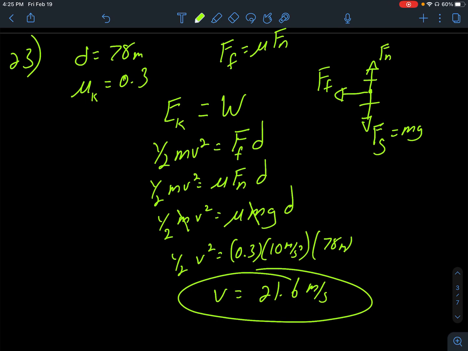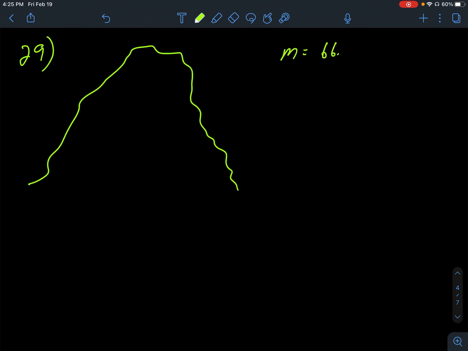Let's see. Next one we have is 29. Level 2 problem. We got a hiker, so we're going to need to draw a mountain. Okay. So we have a 66.5 kilogram hiker.